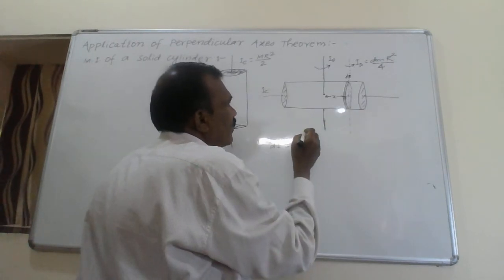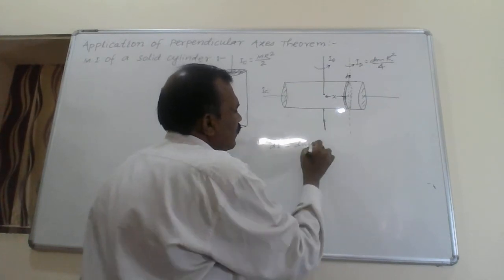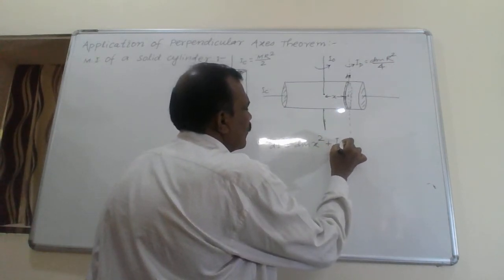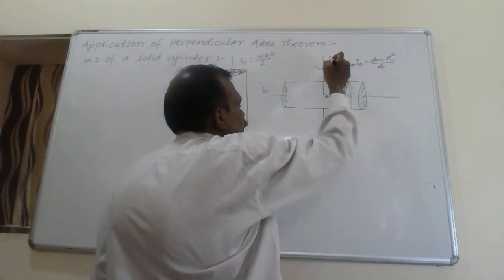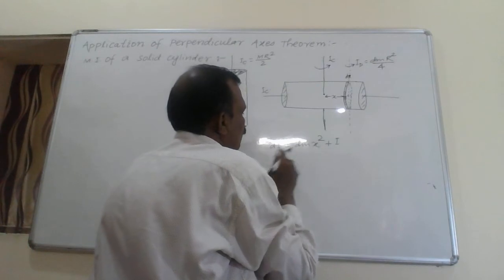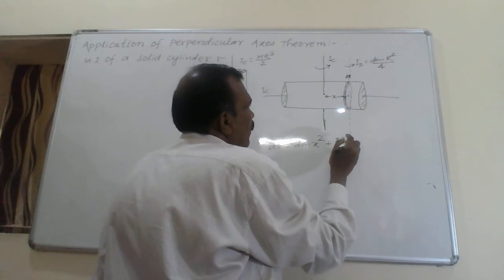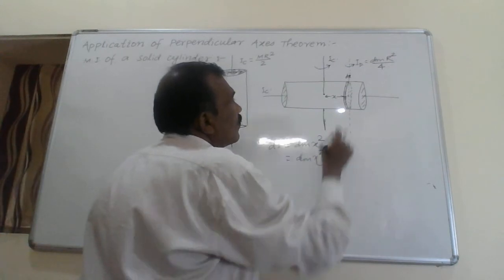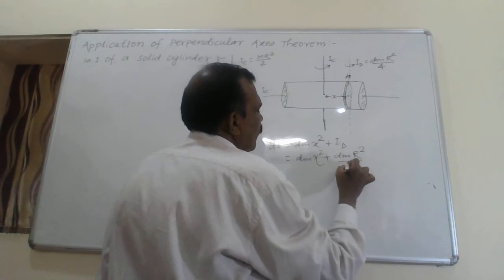So therefore we can rewrite it as dm x square plus ID. We can consider this as IC. So dI is equal to dm into x square plus dm into r square divided by 4.